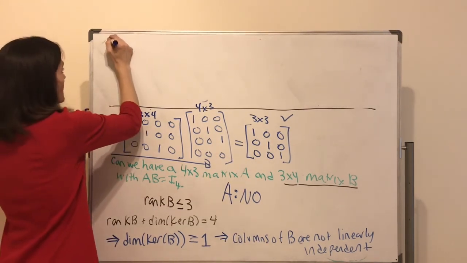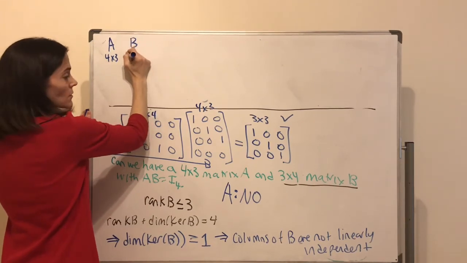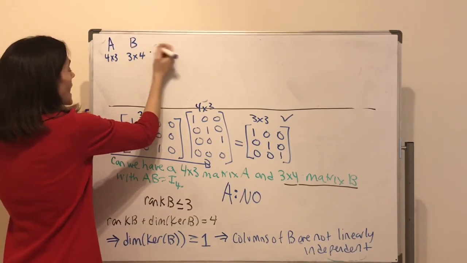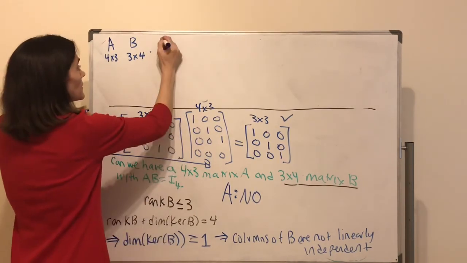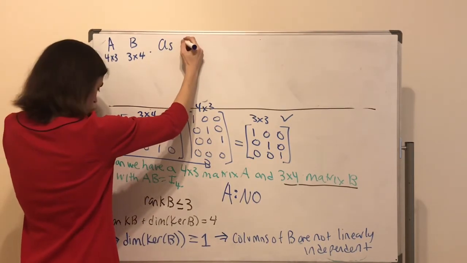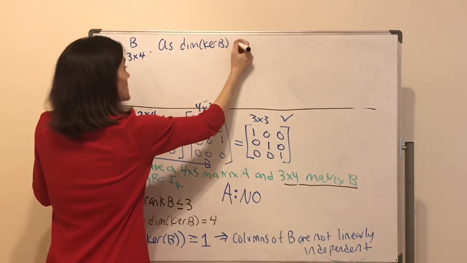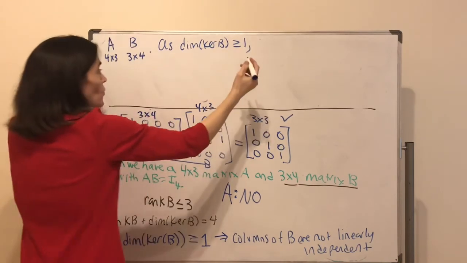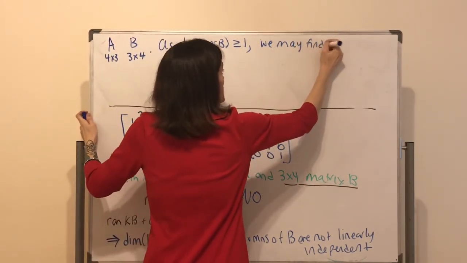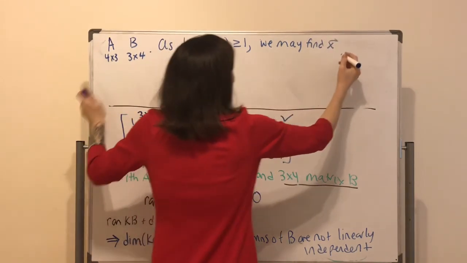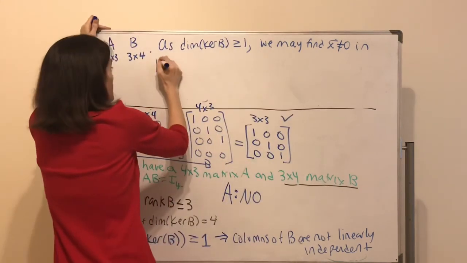So now I have A, 4 by 3, we have B, 3 by 4, and because of this argument here, as the dimension of the kernel of B is bigger than or equal to 1, we may find an x not equal to 0 in the kernel of B.